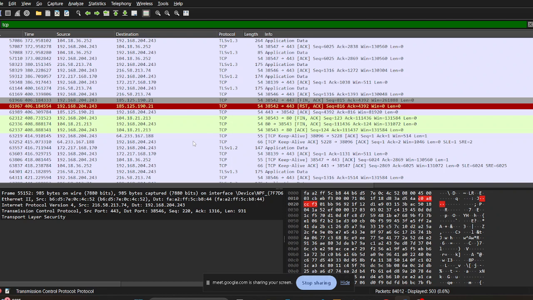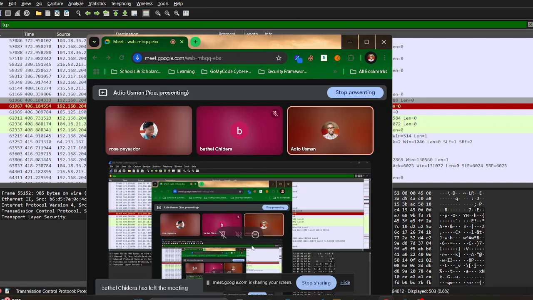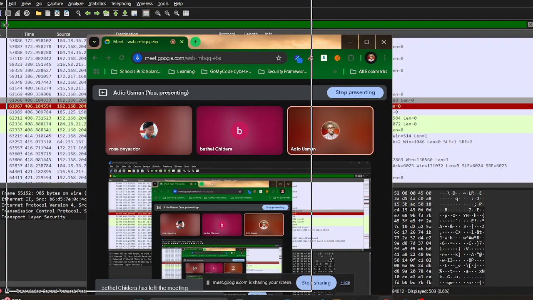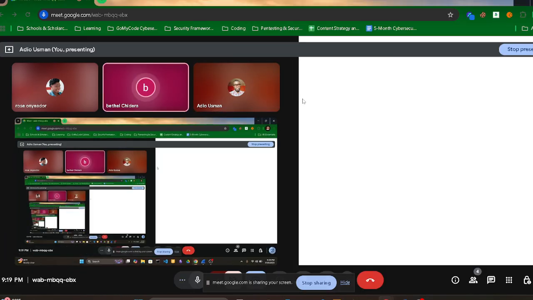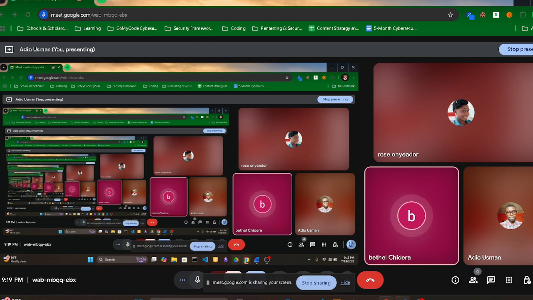I'm seeing your Wireshark screen, but it's tiny, it's only half on my screen. Try zooming your phone or whatever you're using.